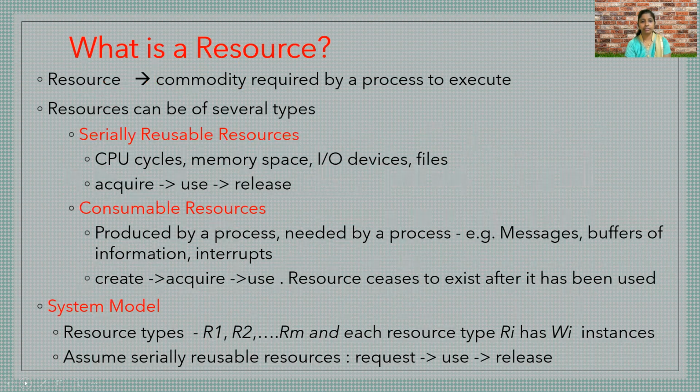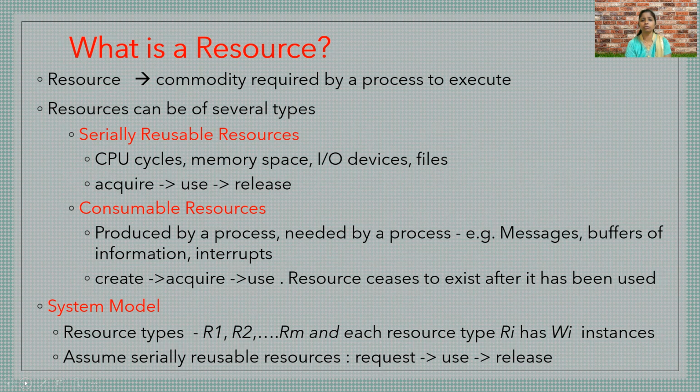So what is a resource? A resource could be any commodity which is required by a process to execute. And it could be of two different types: serially reusable resources or consumable resources. Reusable resources are those that can be reused by another process, such as the memory space, the I/O devices, the CPU cycles, and so on.